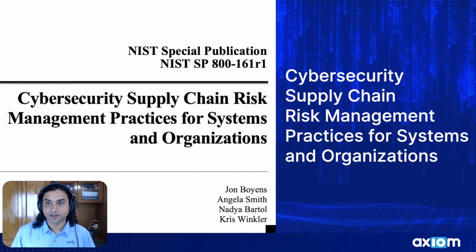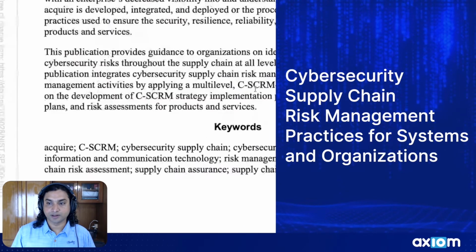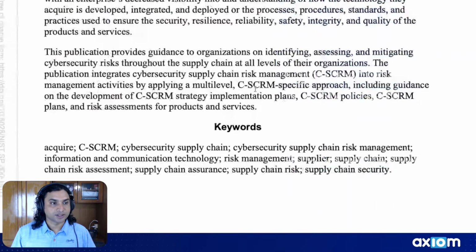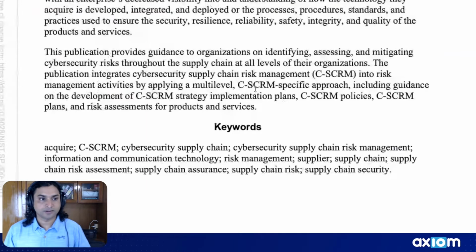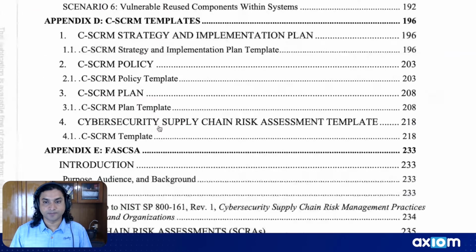NIST has released updated cybersecurity supply chain risk management practices for systems and organizations. This ransomware attack happened because CPS was using Battle for Kids. Whether it is a non-profit organization, enterprise, etc., doesn't matter. What NIST suggests is if you are using software and software vendors, who could be a third party, who could be part of your supply chain, this particular framework will help you integrate supply chain risk management into the risk management.